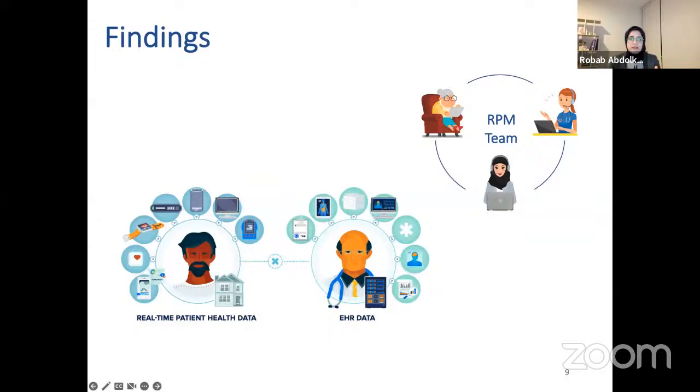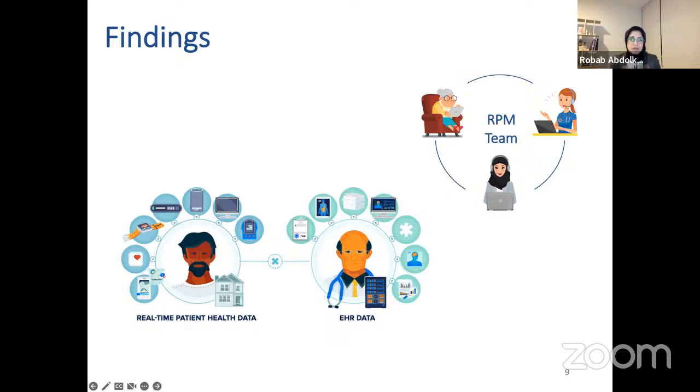These are the findings of the interview stage. In this process, I found that none of the RPM programs was fully integrated into the EMR or clinical workflows. The RPM team also includes patients and their caregivers, clinicians, including specialists and nurses, and a representative from the wearable vendor to provide IT support.